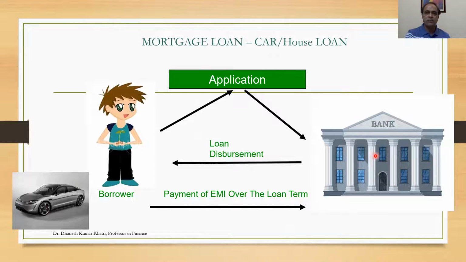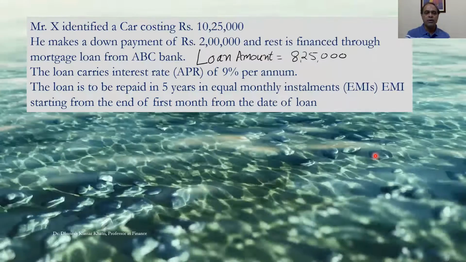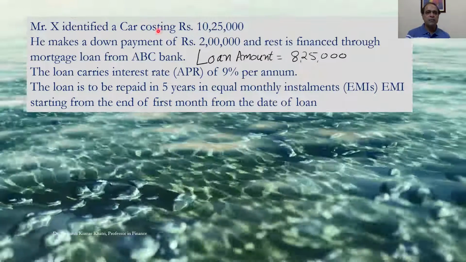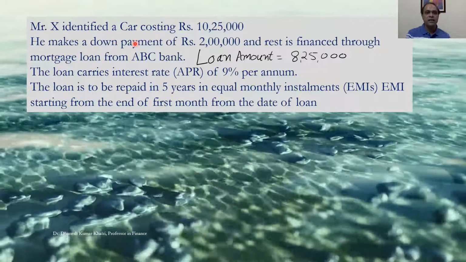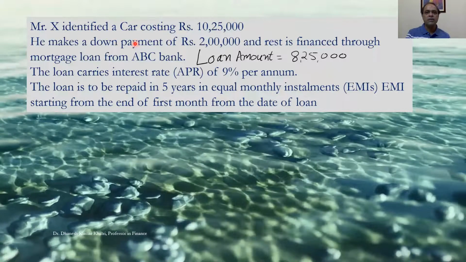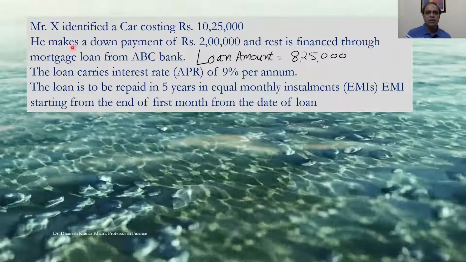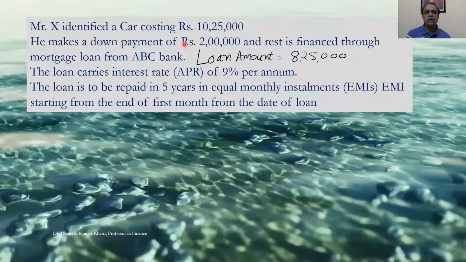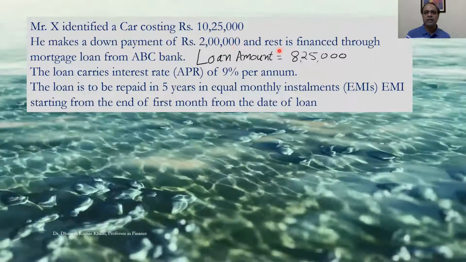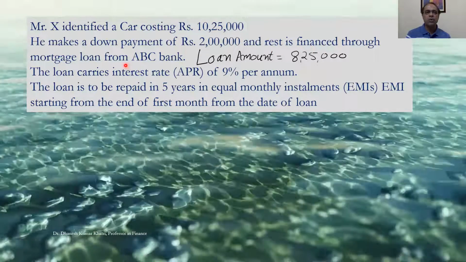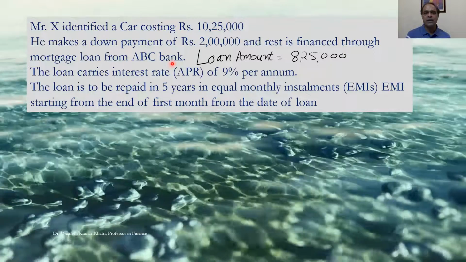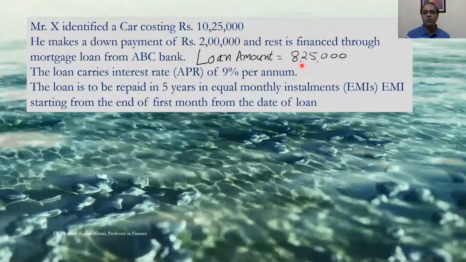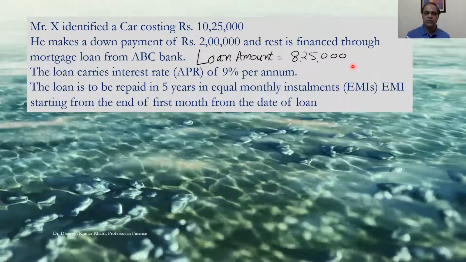Let us have an example of a car loan. Mr. X has identified a car costing 10,25,000 rupees, for which he makes a down payment of 2 lakh, and the rest is financed through a mortgage loan of ABC Bank. In this case, loan amount will be 8,25,000 rupees.